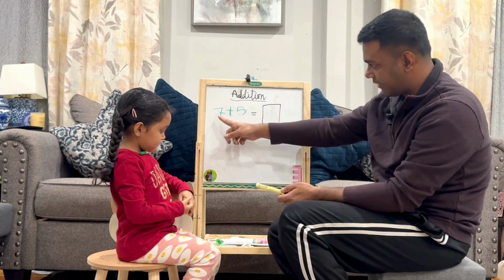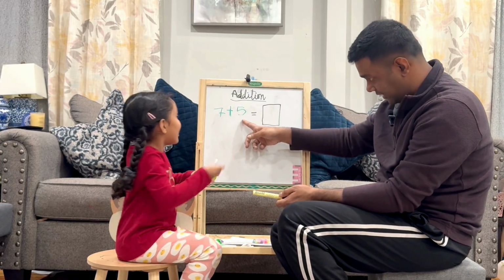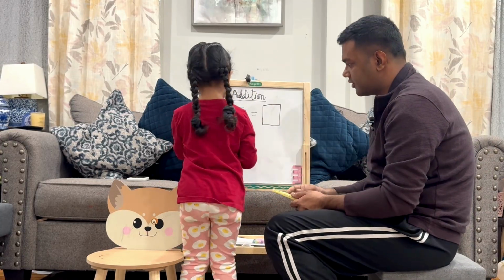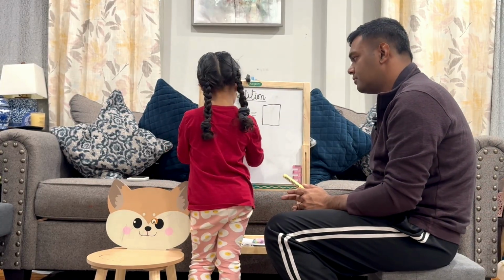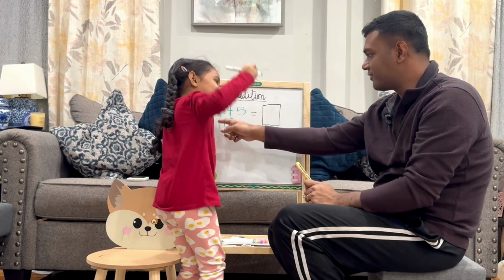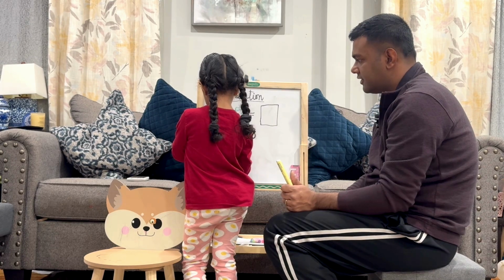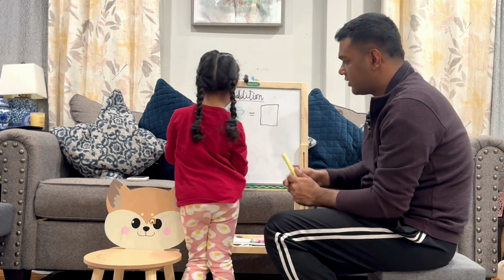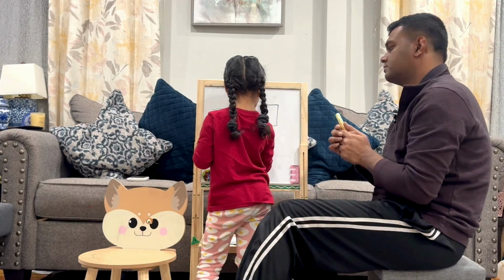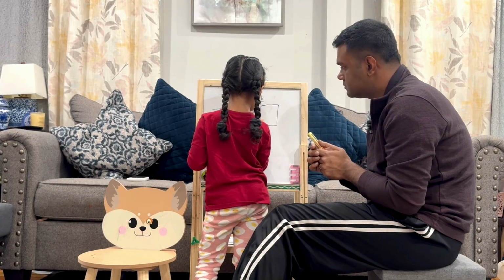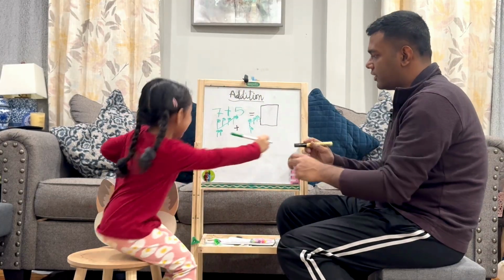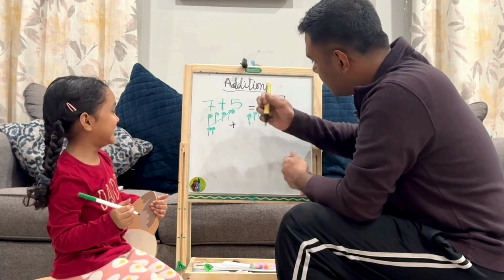Okay, so you have 7 lollipops and Manamuni has 5. Draw some lollipops. Draw 7 lollipops, cherry lollipop, kiwi lollipop. And do the 5 lollipops for Manamuni here.